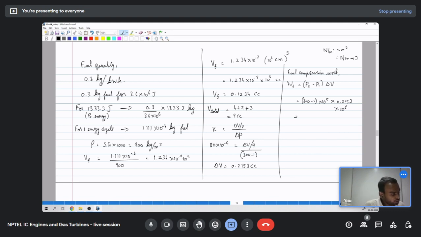So this is the work, and that is 6.44 joules. So this is the work done by the injector to compress the fluid.